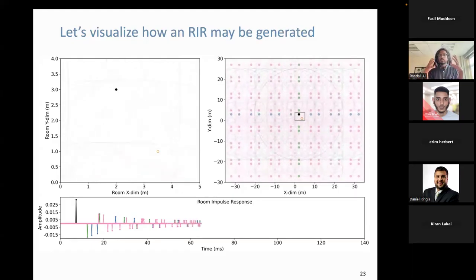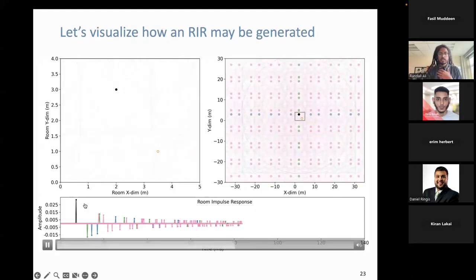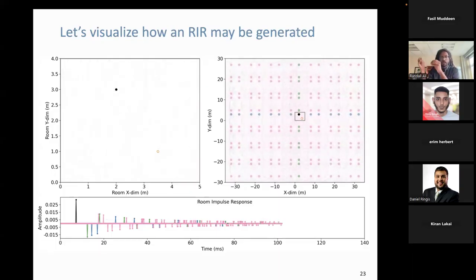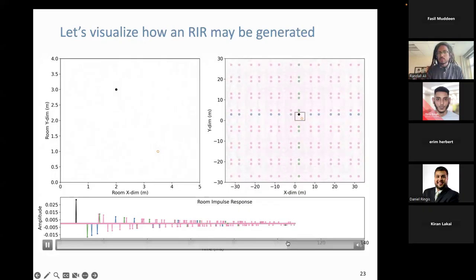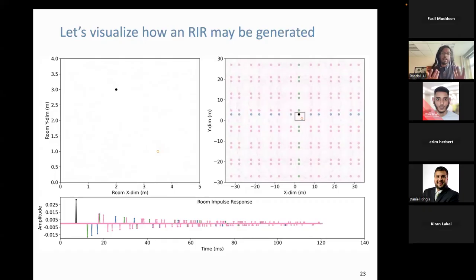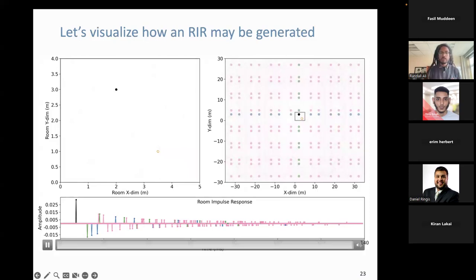So it starts with this initial sound that hits the microphone, which is denoted by this main peak here. Then there are a few other peaks, and then over time there are a bunch of other small little peaks coming up here, and that's what's creating a room impulse response. So this is essentially an impulse response of an LTI system, but the LTI system here is my room. Okay. And so we can look at that again.